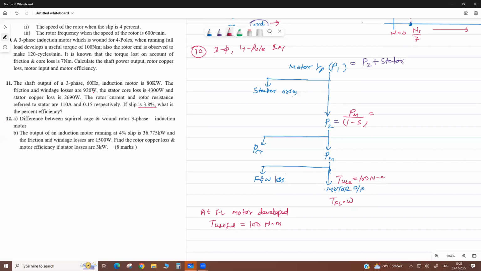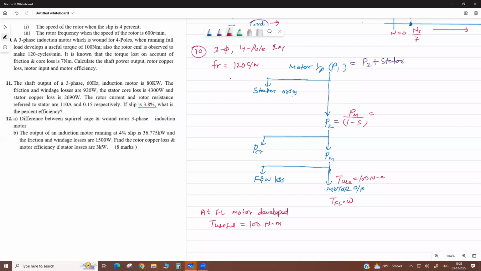Now next he says that the rotor EMF is observed to make 120 cycles per minute. Cycle per minute means actually frequency. It is a rotor frequency. The rotor frequency is given, my dear. It is 120 cycles per minute.